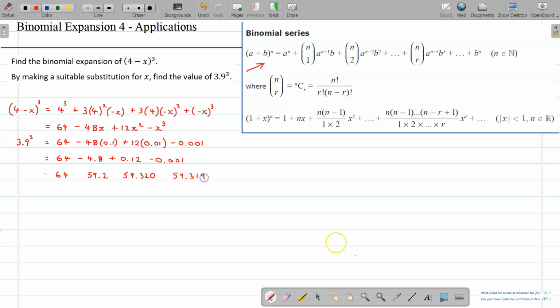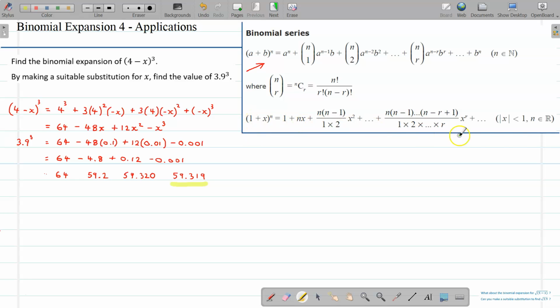And if you check on your calculator 3.9 cubed, you will indeed get 59.319. All right, now that's exact because the expansion is complete, and that is the answer.